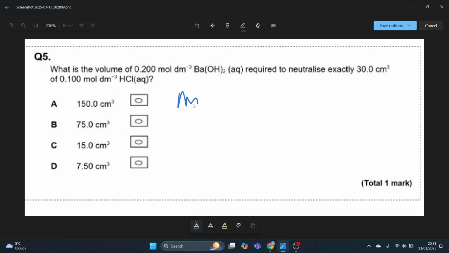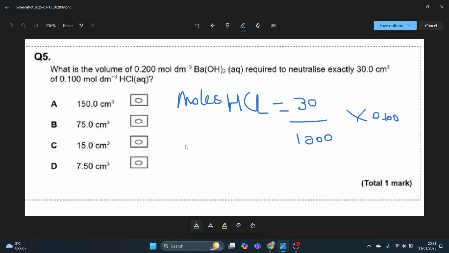So I just find out the moles of HCl, which is concentration times volume, 30 divided by 1000 times 0.100. Therefore, 1 to 1 mole ratio is what I'm assuming.